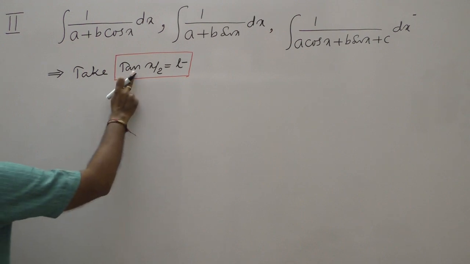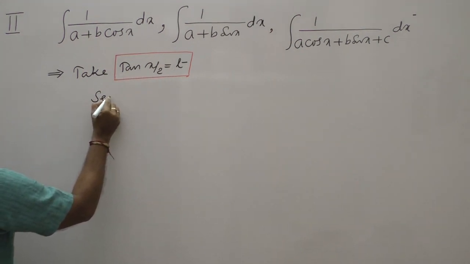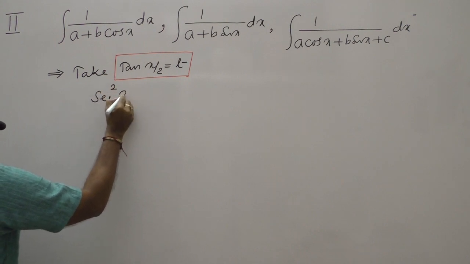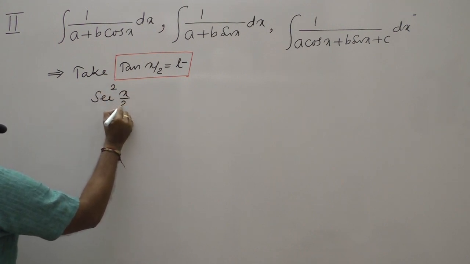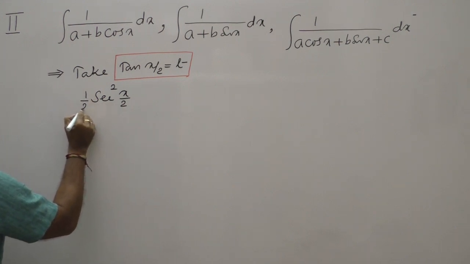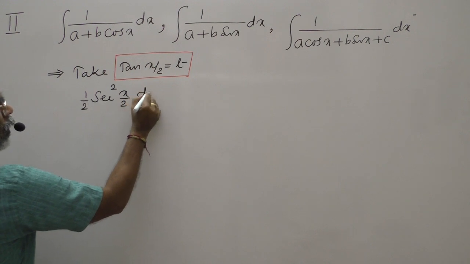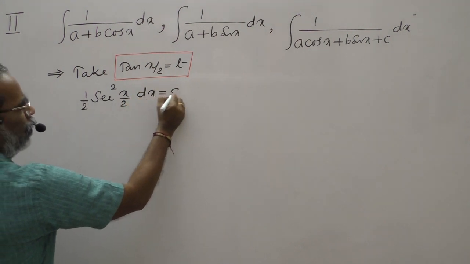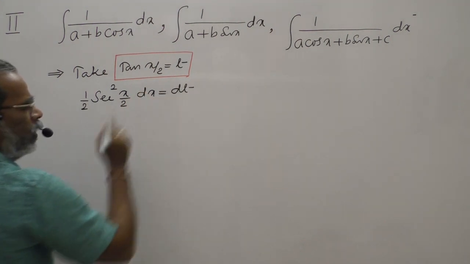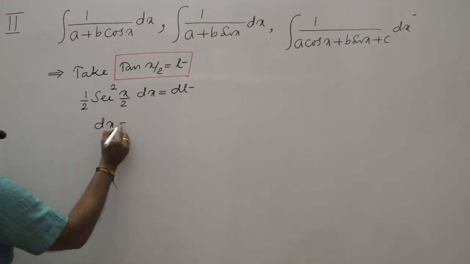We have taken this as t. If I differentiate this, the derivative of tan is secant square, and the derivative of x by 2 is 1 by 2, into dx is equal to dt.